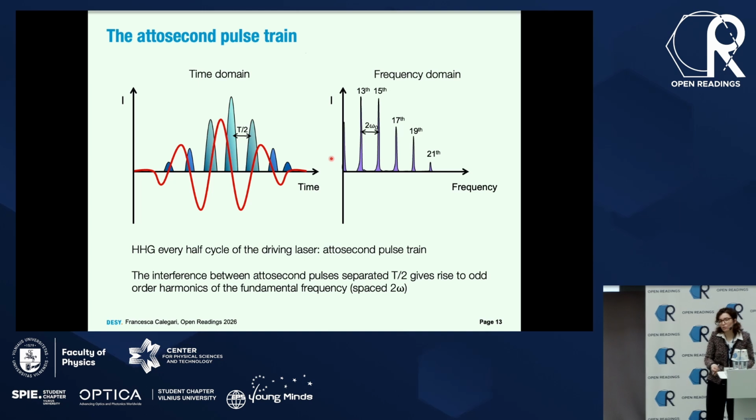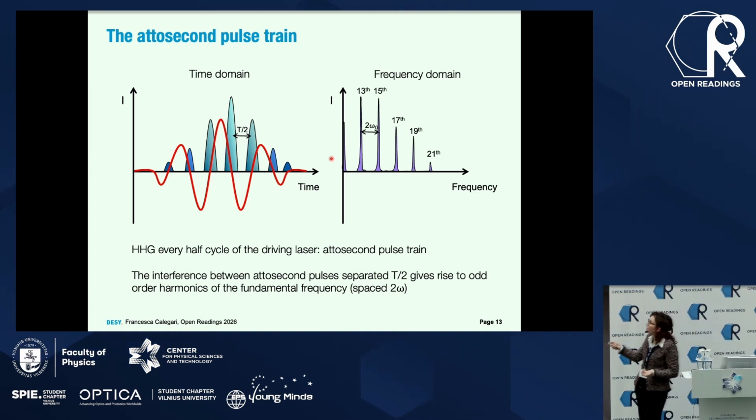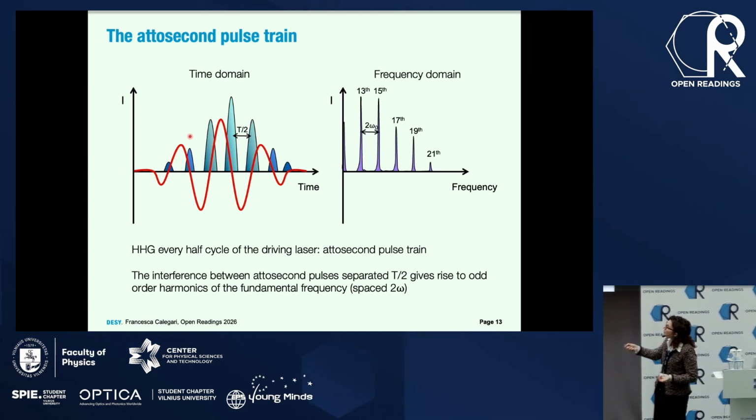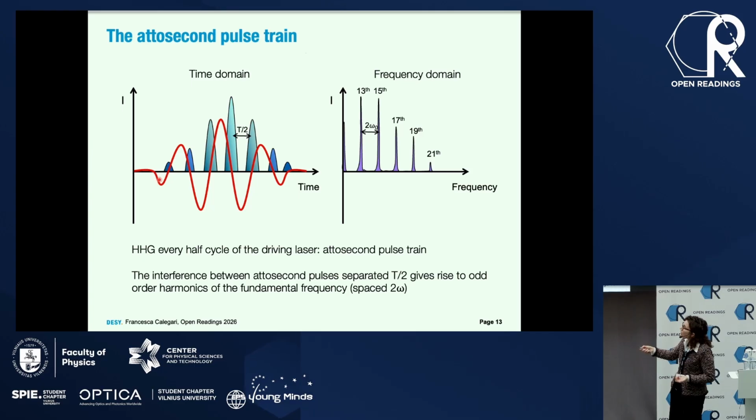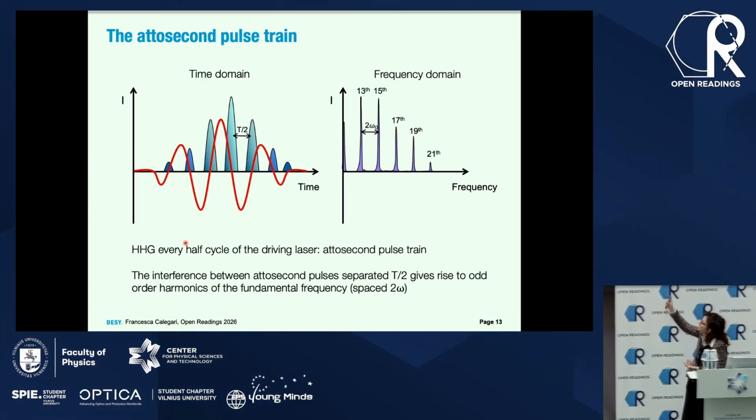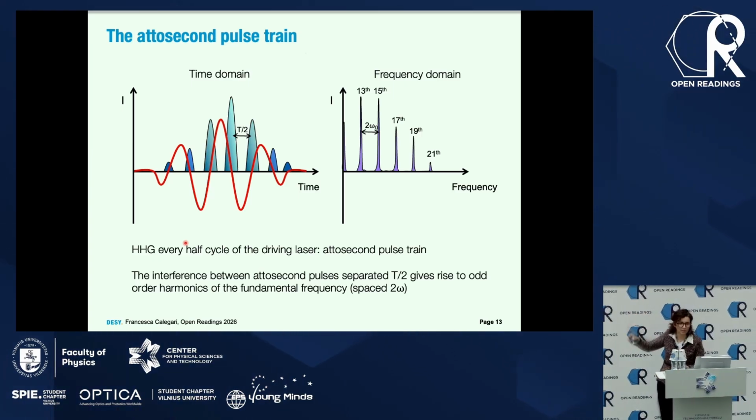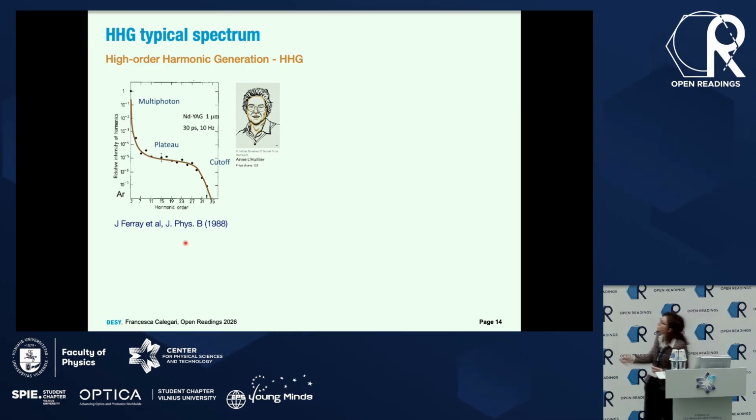This is a sort of quantum interference because every pulse is coherently emitted by your laser, and they are phase locked, with a phase difference due to the half cycle of the laser. So this light interferes, and out of this interference is created this comb of frequencies. And that's the origin of this process with all the comb of harmonics.